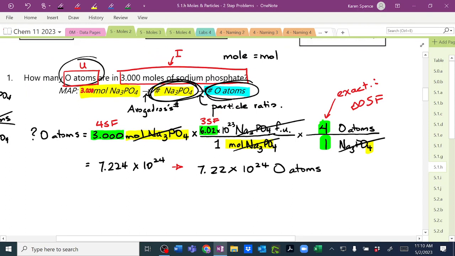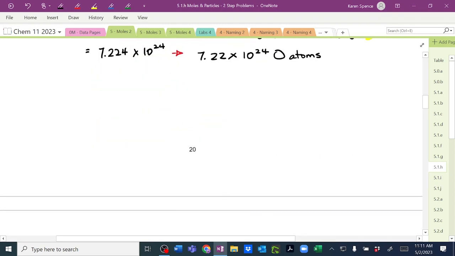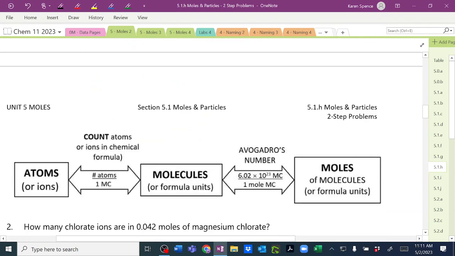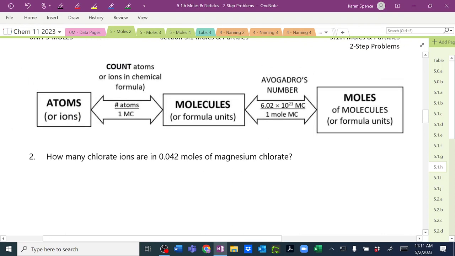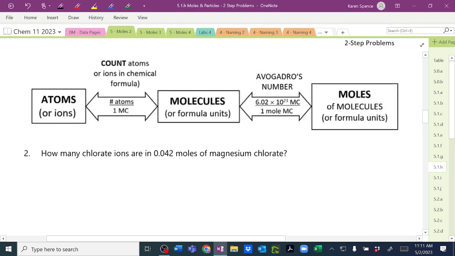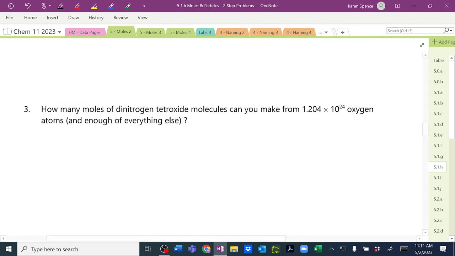Would we like to do one more example of this kind? Yes or no? Yes? Okay. Let's do one more example of this type where we have 2 conversions. In fact, let's see. Oh yeah, I'm going to do number 3. How many moles of dinitrogen tetroxide?